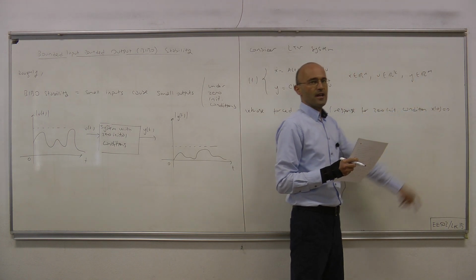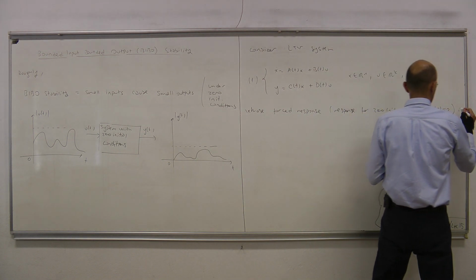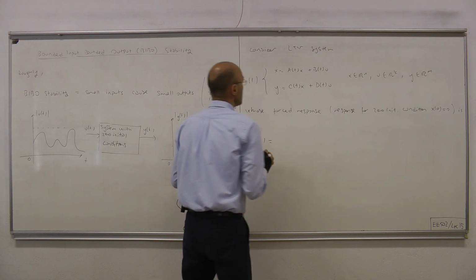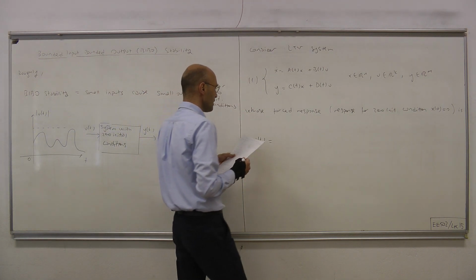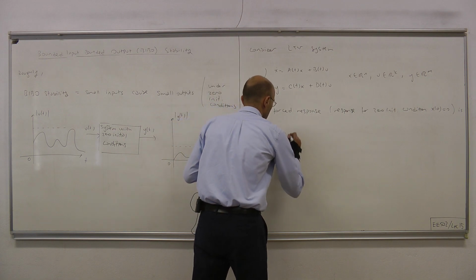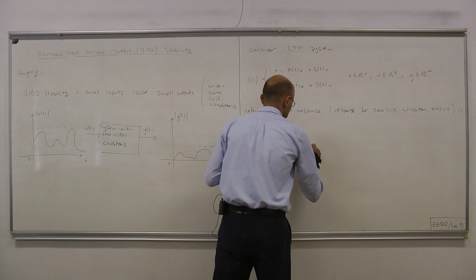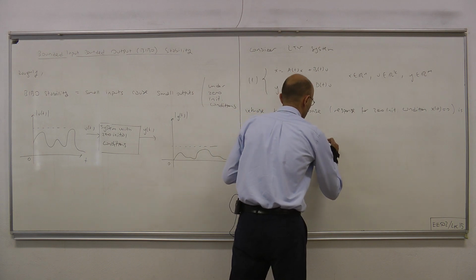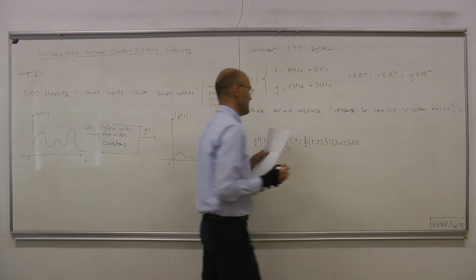For simplicity, let's take our initial time to be 0. Is what? y(t) equals C(t) times the integral of the state transition matrix phi(t, tau) B(tau) u(tau) d tau, plus D(t)u(t).